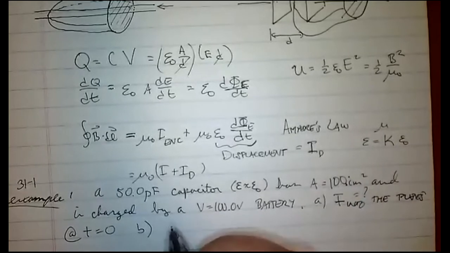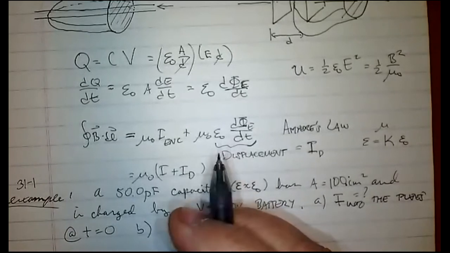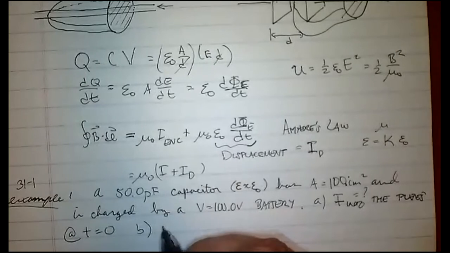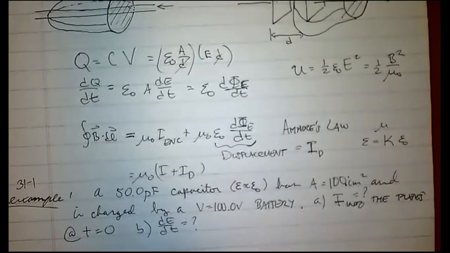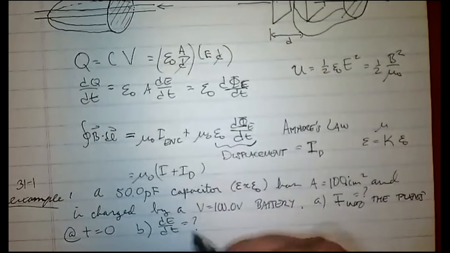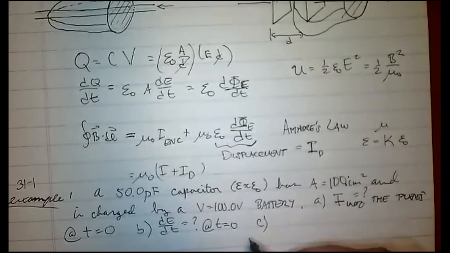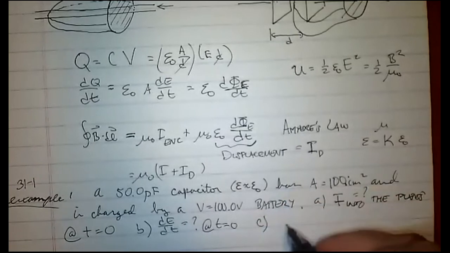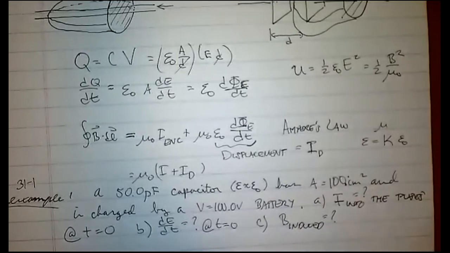B, I want to calculate the rate of change of the electric field, dE/dt, at t equals 0 as well. And C, let's say we calculate the magnetic field induced.